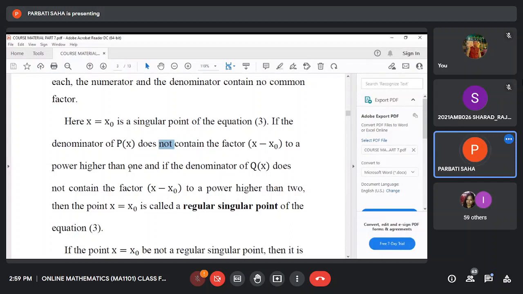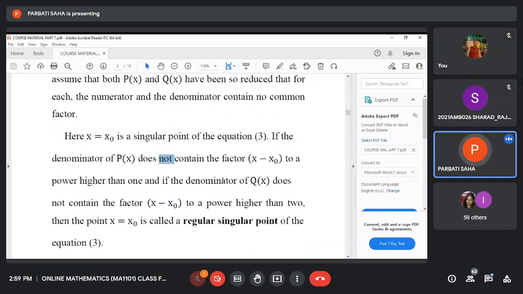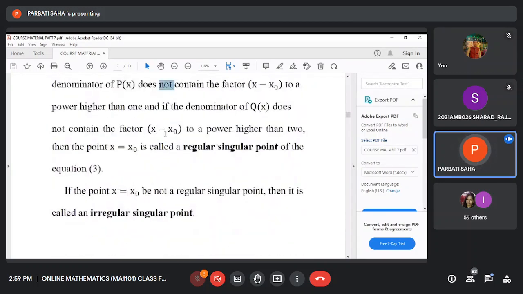Here you will observe that the power of x minus x0 should be less than or equal to 1. Similarly, the denominator of q(x) does not contain the factor x minus x0 to a power higher than 2. That is, the denominator of q(x) should contain the factor x minus x0 to a power less than or equal to 2. Then we say x equals x0 is a regular singular point.